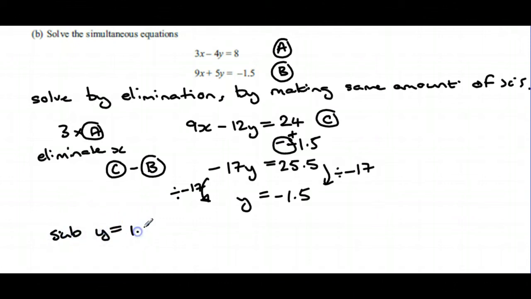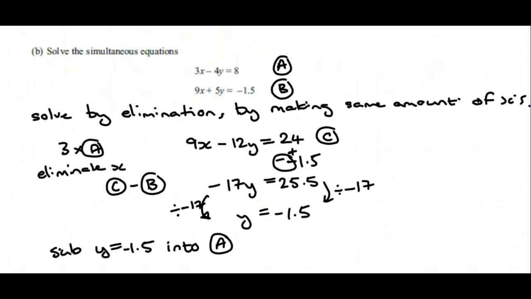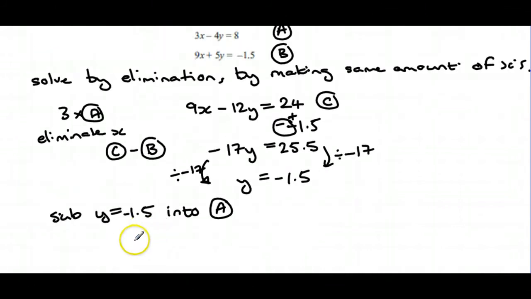So if I take that value, minus 1.5, and substitute it into equation A, which looks a bit easier. So equation A is 3x minus 4, now y is minus 1.5, and that's equal to 8.